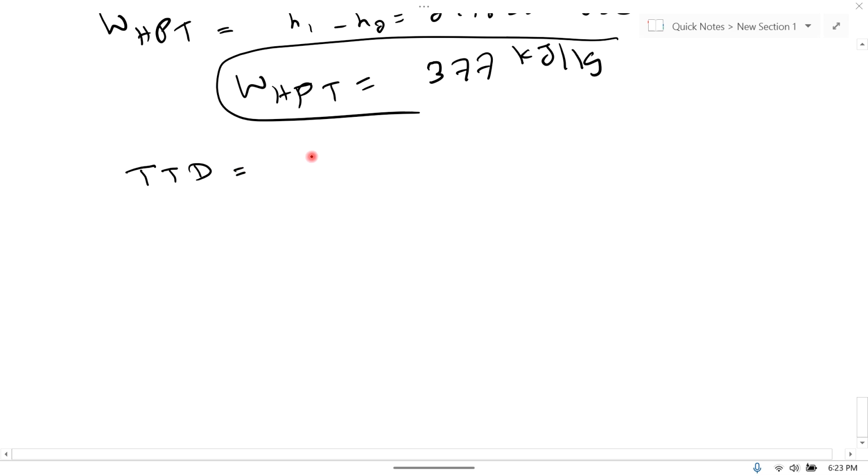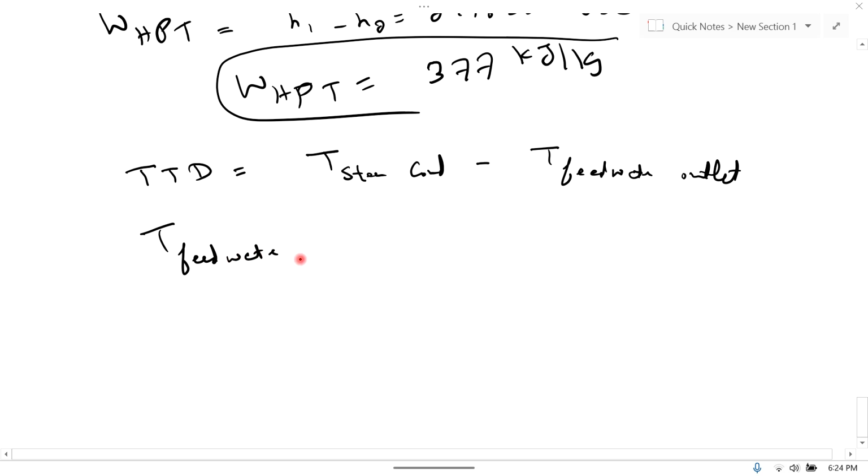It is equal to temperature of steam condensing minus temperature of feedwater outlet. So temperature of feedwater outlet will be equal to temperature of steam condensing minus TTD.